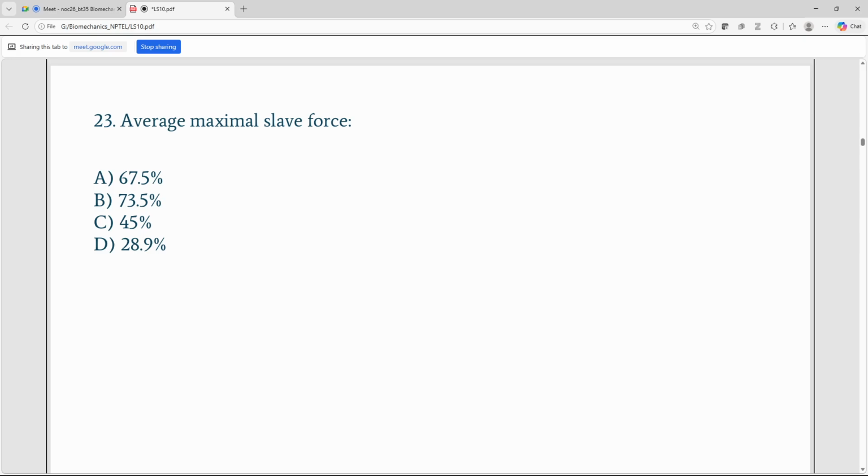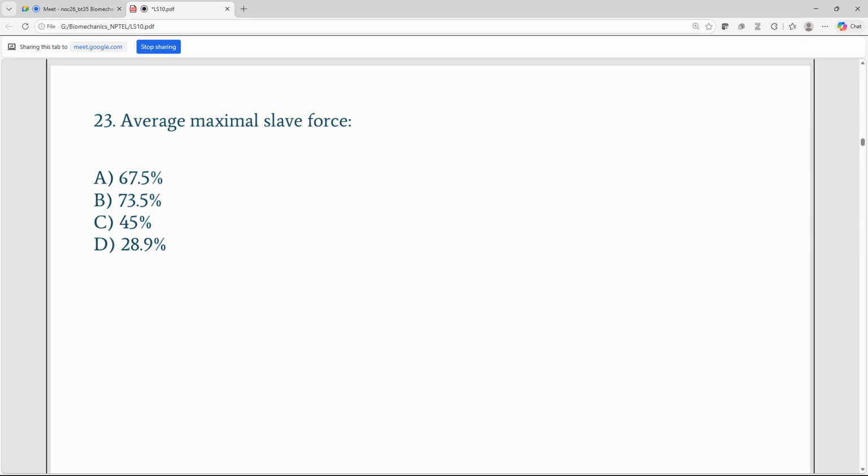Next question. What is the average maximum slave force that enslaving fingers could produce? Option A, 67.5 percent. Option B, 73.5 percent. Option C, 45 percent.